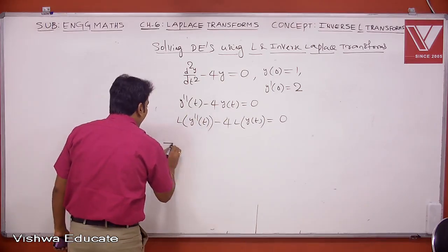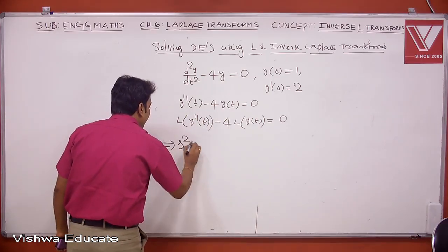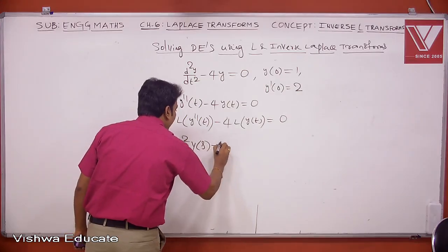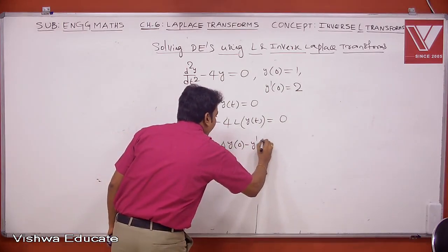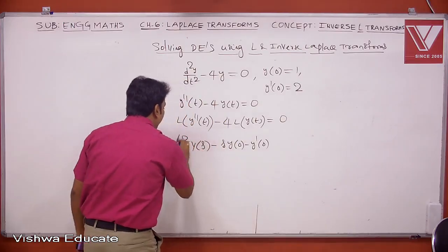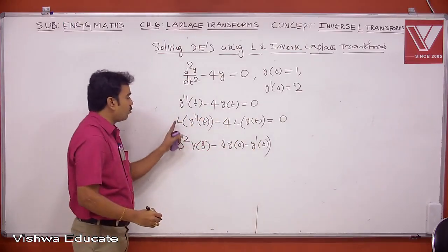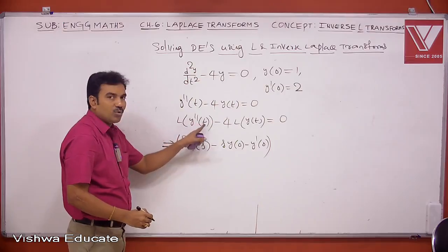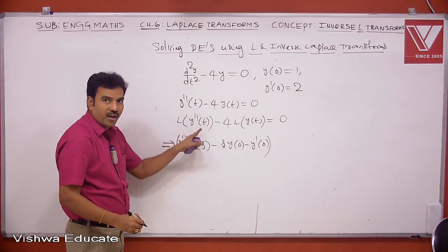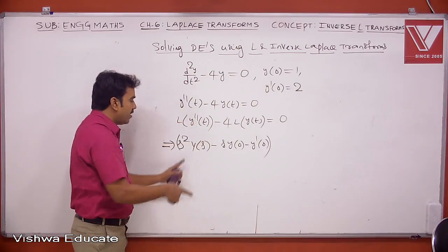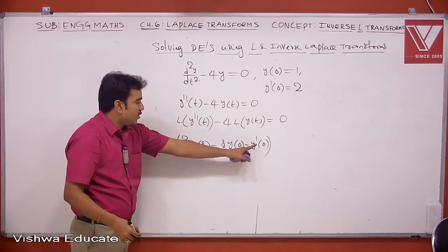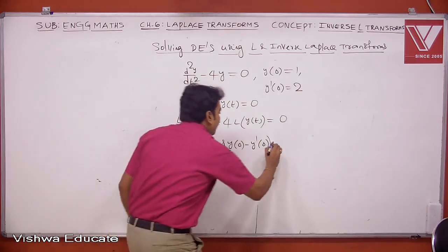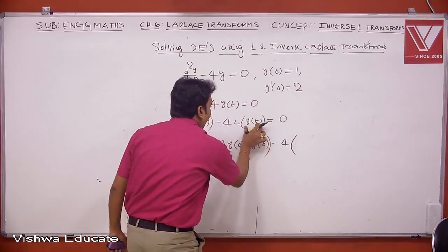Laplace of y double dash of t is s square into y of s minus s into y of 0 minus y dash of 0. In previous sessions, we have explained how to find Laplace of the nth derivative of a function, L of f n of t. Here the n value is 2. So s square into y of s minus s into y of 0 minus y dash of 0, minus 4 into L of y of t.